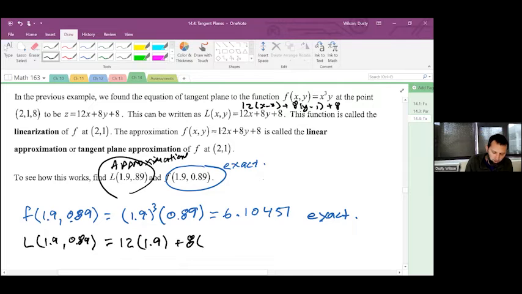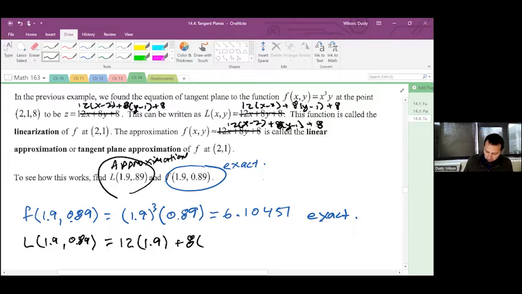Yeah, in each of these cases, we'd get the same thing: 12 times x minus 2 plus 8 times y minus 1 plus 8.